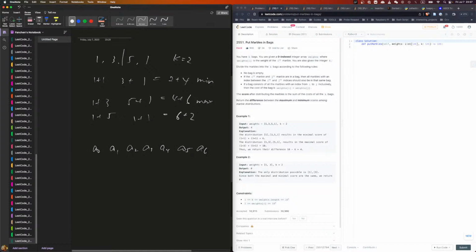Let's say K equal to 3. So yeah, we have to do this. Basically, one end is going to be A0 plus one of these. And the next one.